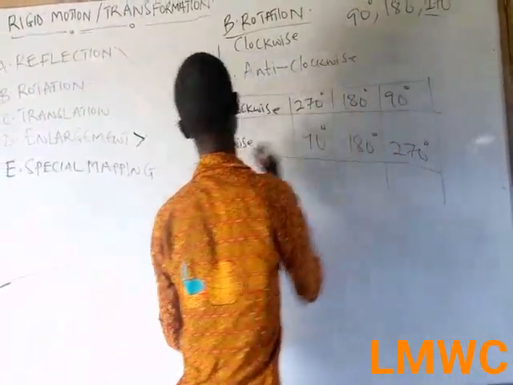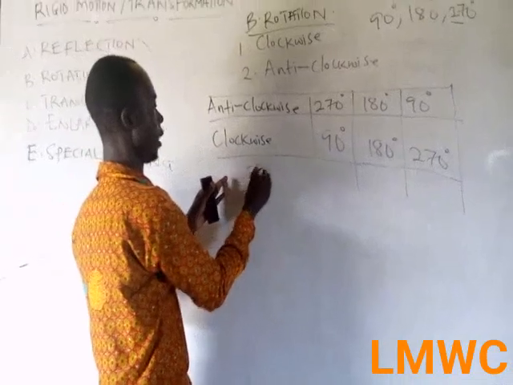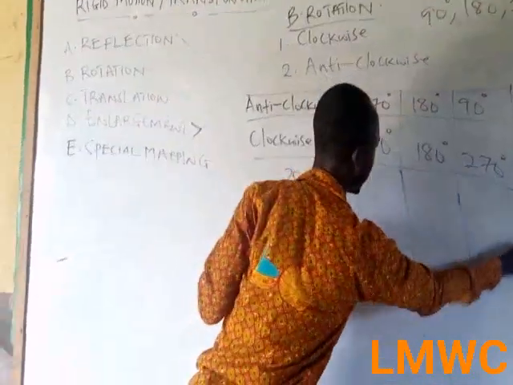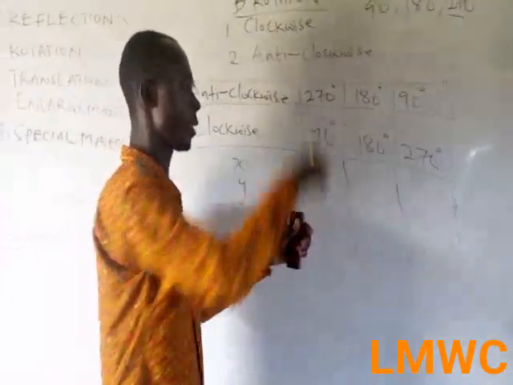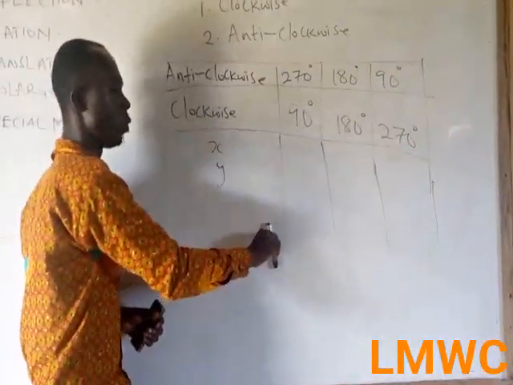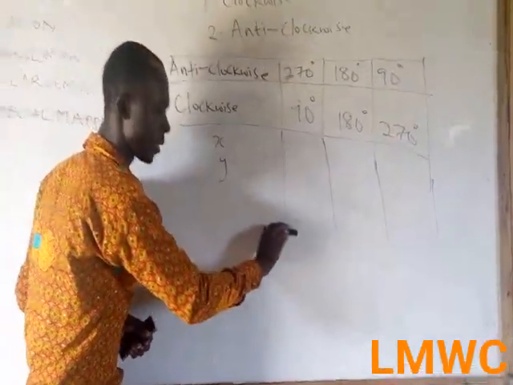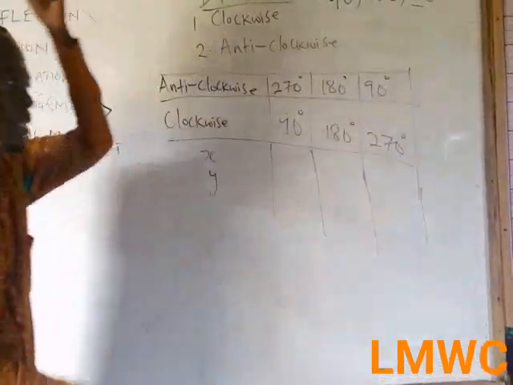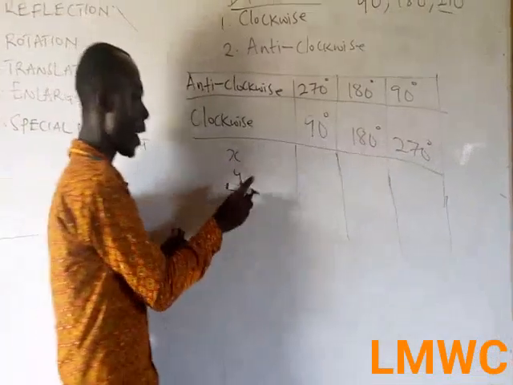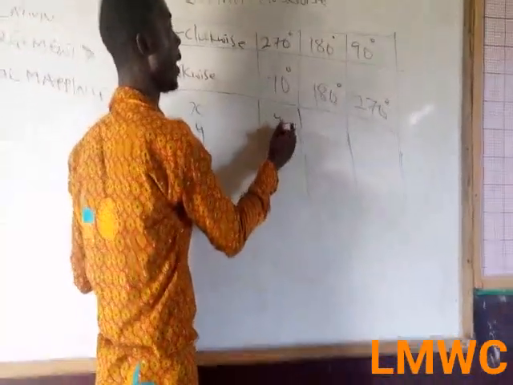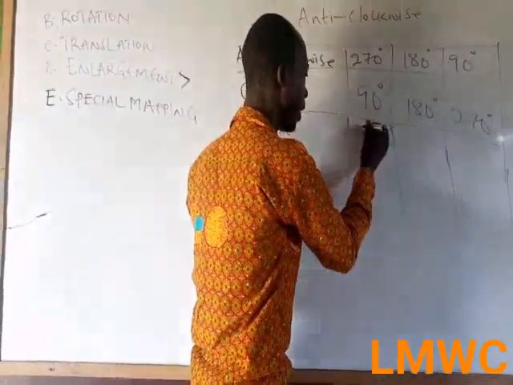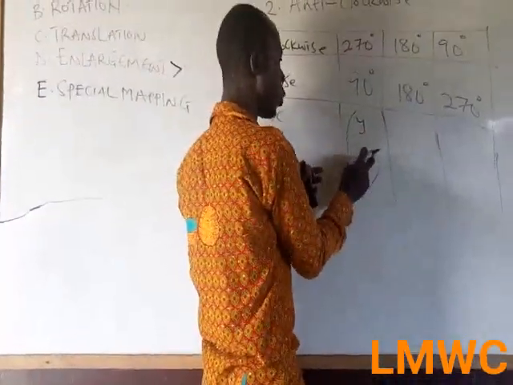We know the original coordinates as (x, y) under transformation. So we are now going to rotate. Like if you take this marker pen, if I rotate, it becomes like this. So you see I'm rotating, you will be turning it upside down. Once I rotate this, it becomes (y, x).